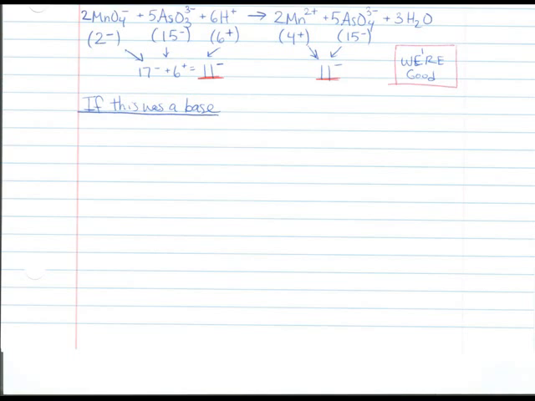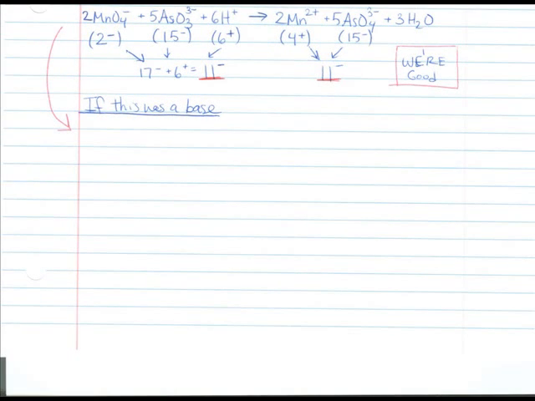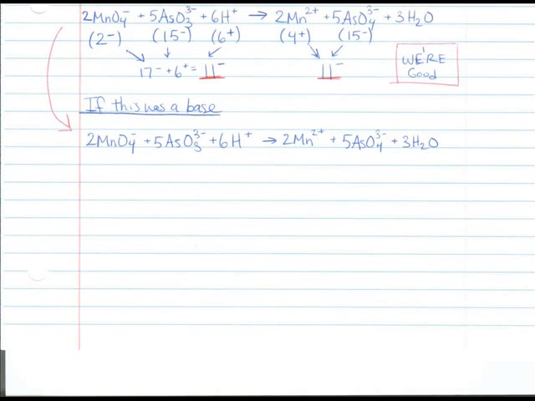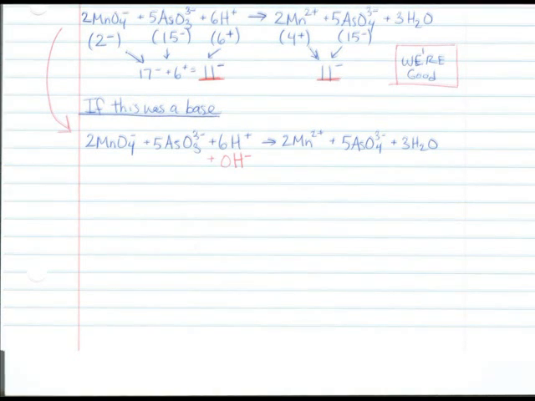Basically, we're going to be taking the balanced equation that we just made and editing it a bit. So we bring the balanced equation down, and instead of H plus, you're going to put OH minuses on both sides.